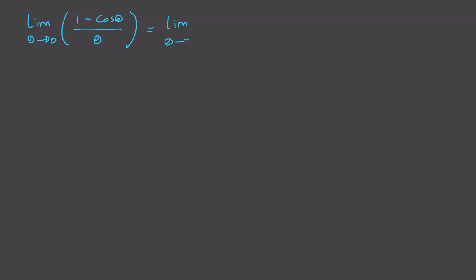And if you don't know the trick, you wouldn't really know to use it. And that's probably why you're unlikely to get a question about this. But what we do is we multiply top and bottom by 1 plus cos theta. Now, once you've done that, let's multiply them together.